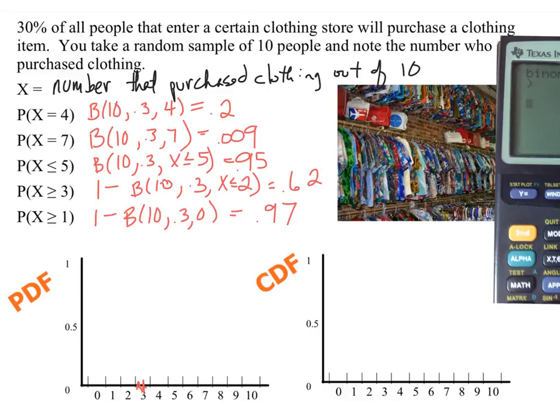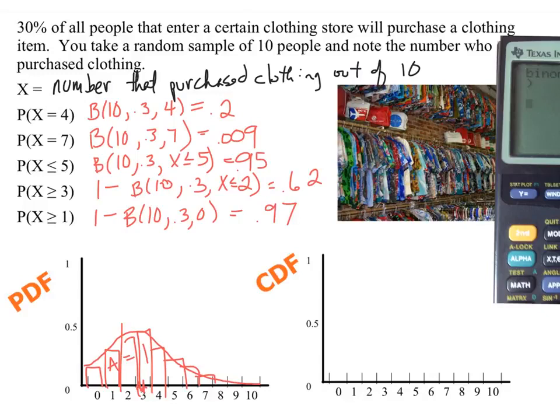This is the most probable because it's the expected value. And what's going to happen is it is going to taper from there. And the area of all these probabilities would be 1. So it would be like a histogram like this, but it would have that shape. Highest value would be at 3, and then it would go down from there.